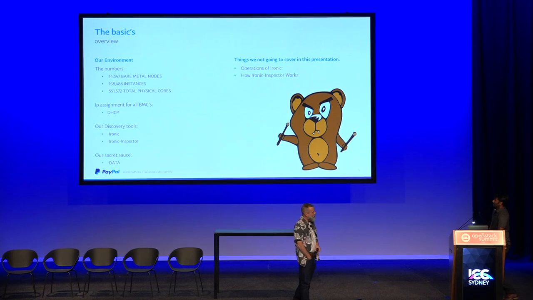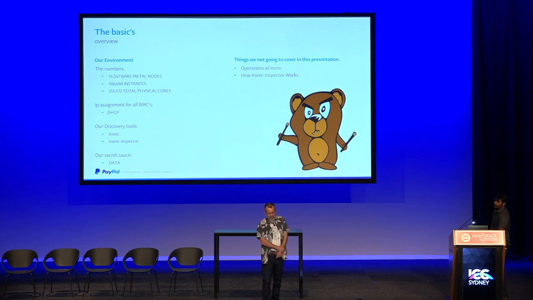For this particular talk, we will see how we are managing bare metals. In our cloud, the IP assignment for the bare metals is through DHCP. The discovery tools that we use are Ironic and Ironic Inspector. We achieve bare metal provisioning at PayPal through data.